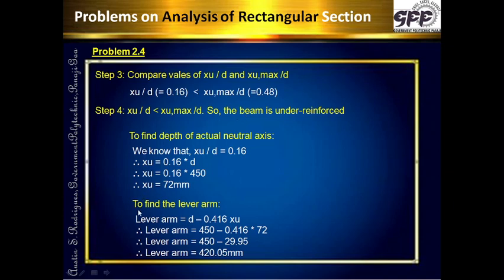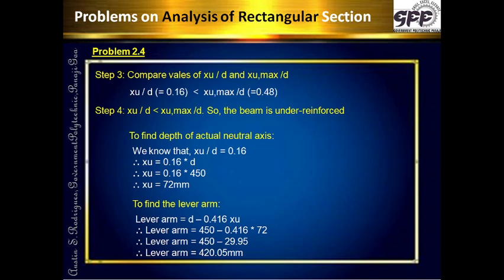Now coming to the next point, we have been asked to find the value of the lever arm. If you remember, when we were doing the derivation, the lever arm is the distance by which, when multiplied by the compressive force or the tensile force, we get the internal resisting moment.